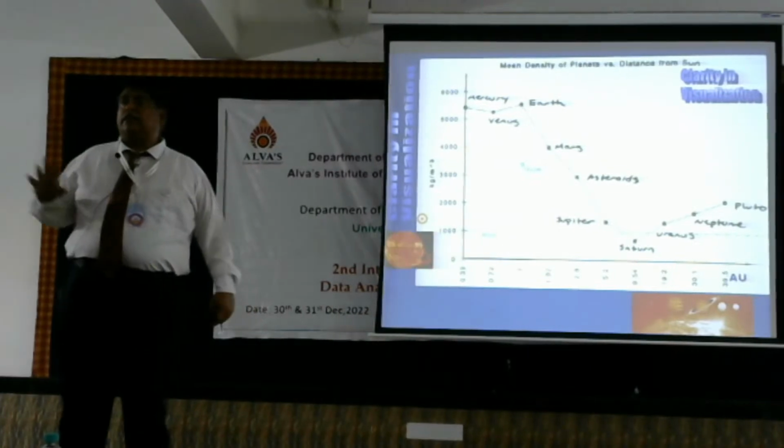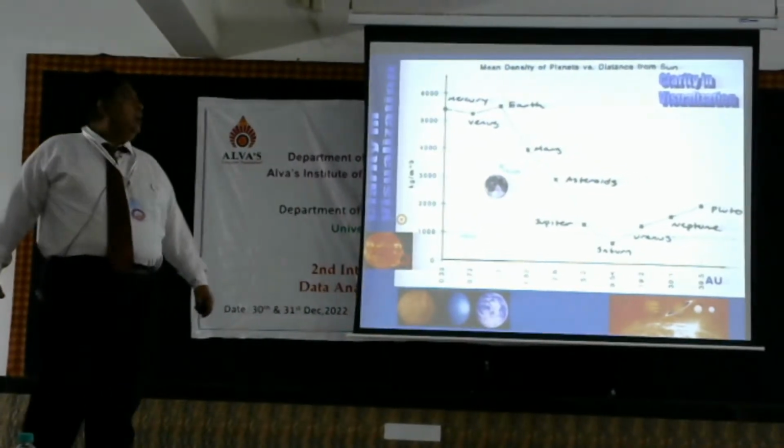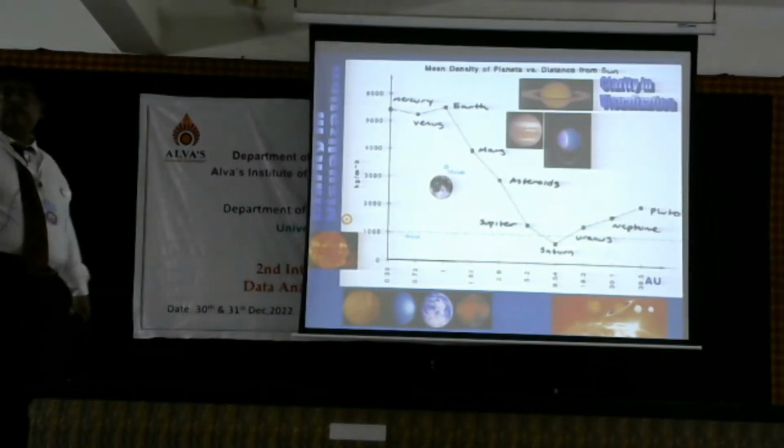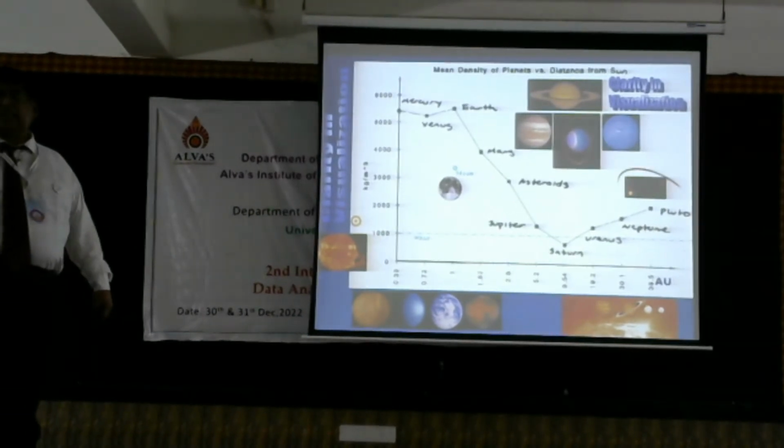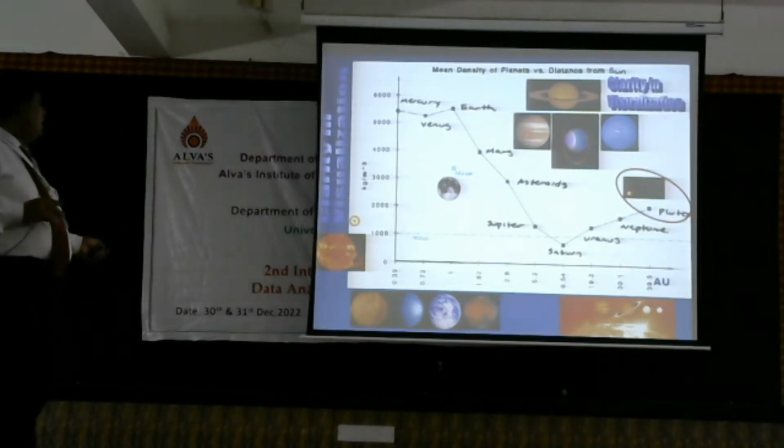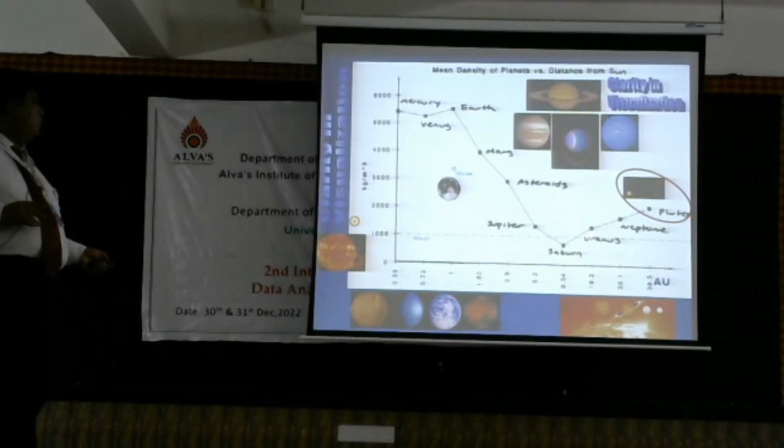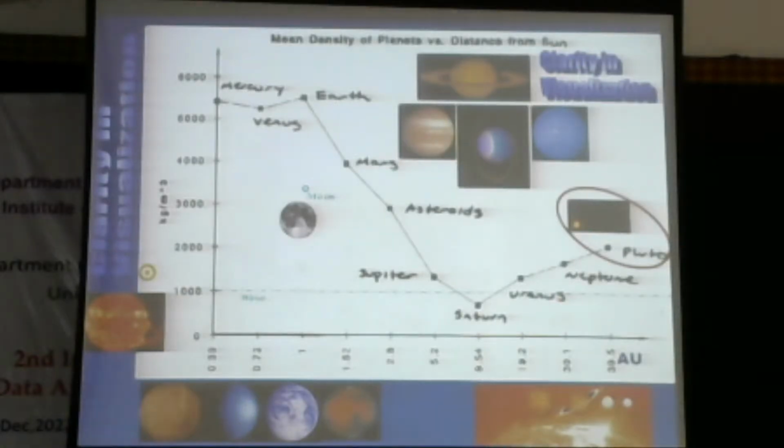Now let me just give you a simple plot. Here we know of different planets and their density. As you see here, this is the density of water, and you see Saturn has a density much less than that of water.